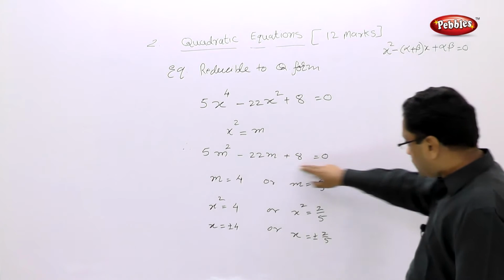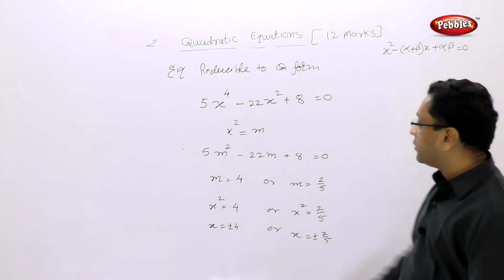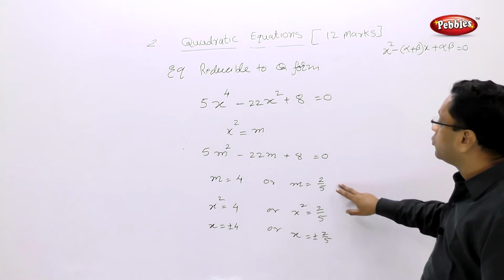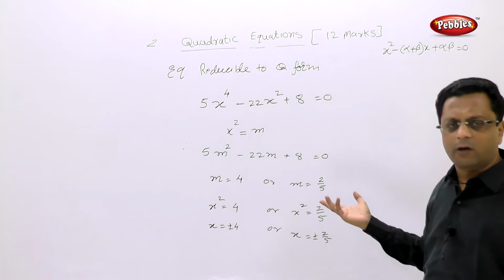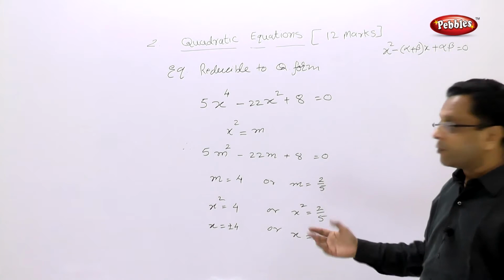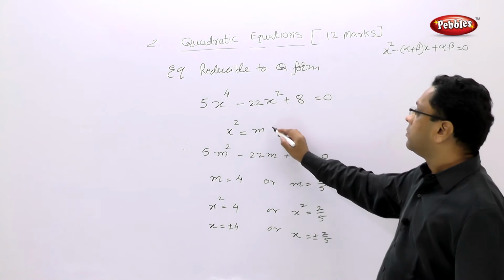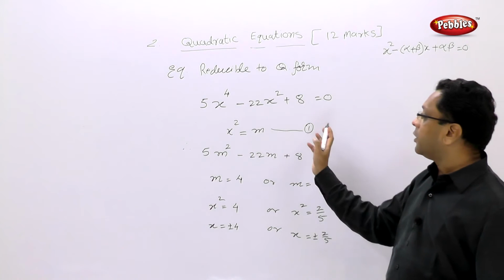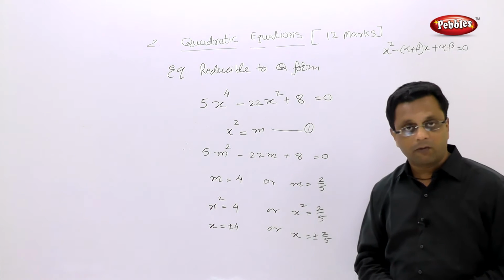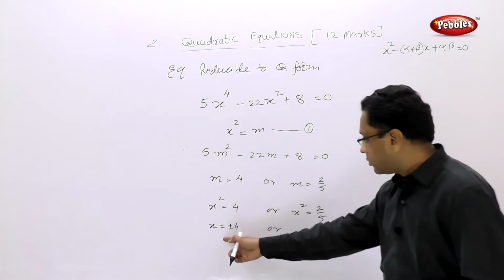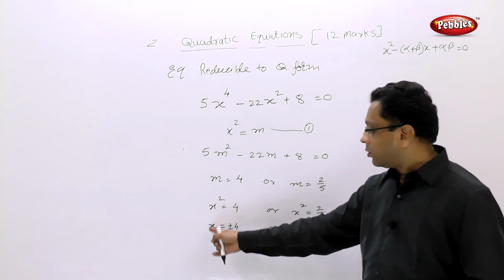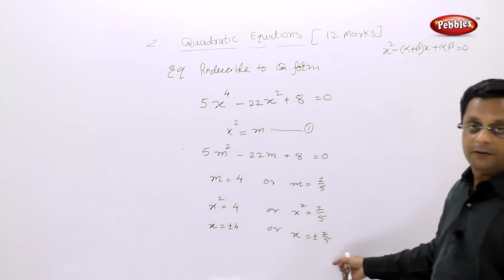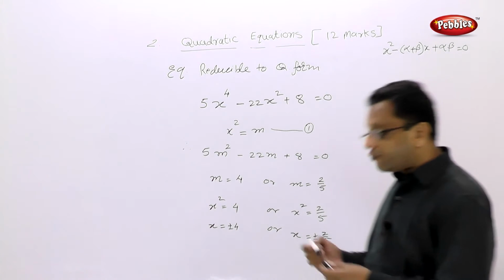Solving this quadratic equation, we get the roots m equal to 4 or m equal to 2 by 5. A general quadratic equation has 2 roots. But now we substitute the values of m in equation number 1, so you get two values for each, and in total you will get 4 roots.